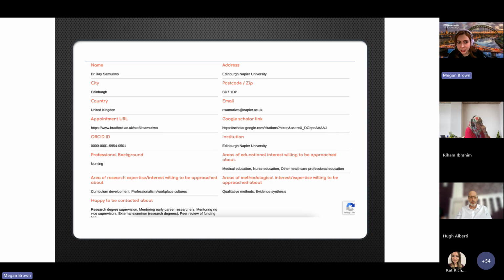As I said, you can see their professional background. So we don't just have doctors, Ray has got a nursing background as an example here. You can also see the areas of research that they've said they're interested in and what they're happy to be contacted about. So this is a great way of finding, as Ray is shown on screen here, is interested in supervising research degrees, mentoring early career researchers, mentoring supervisors, being an external examiner, providing peer review.